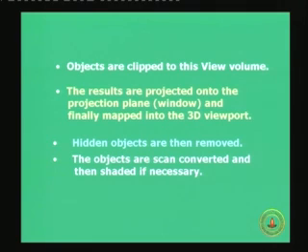The hidden objects or surfaces, lines, etc., are all removed, and you are left only with the objects which are now visible to the camera, visible to the user, and you want to render them. So the objects are what is called scan converted and then shaded if necessary. That means we are talking of two more types of methods or algorithms dealing with scan conversion and shading.